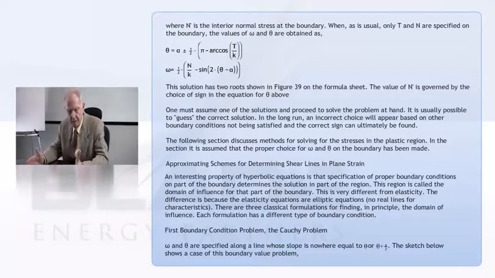That is, omega and theta are known everywhere on this one line. Okay? Now, if you were trying to solve an elasticity problem, this would be very frustrating because you can't do it. But if it's this hyperbolic type equation, then things change.